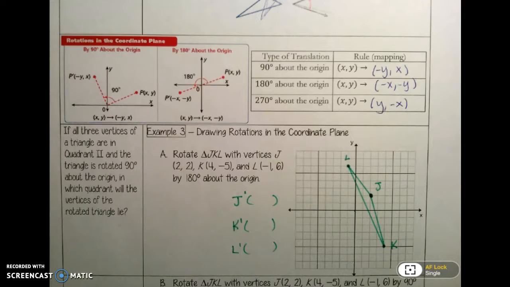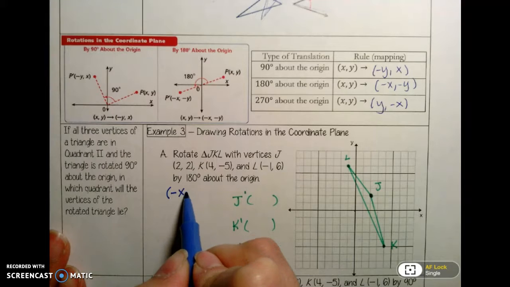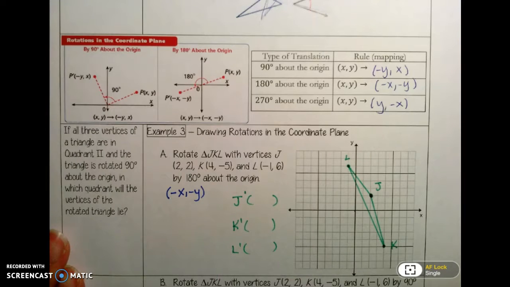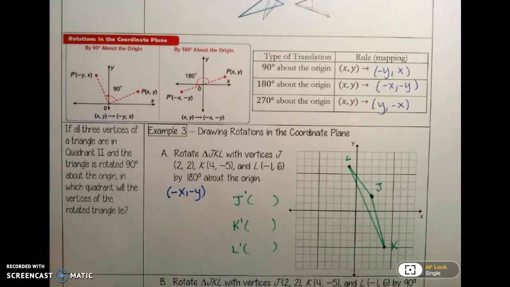All right, so there is our original triangle, and now to get our points, you can either use the rule that we talked about up above, or you can use your patty paper and actually rotate it, tracing it onto your patty paper and then putting your point at the center and rotating your figure.